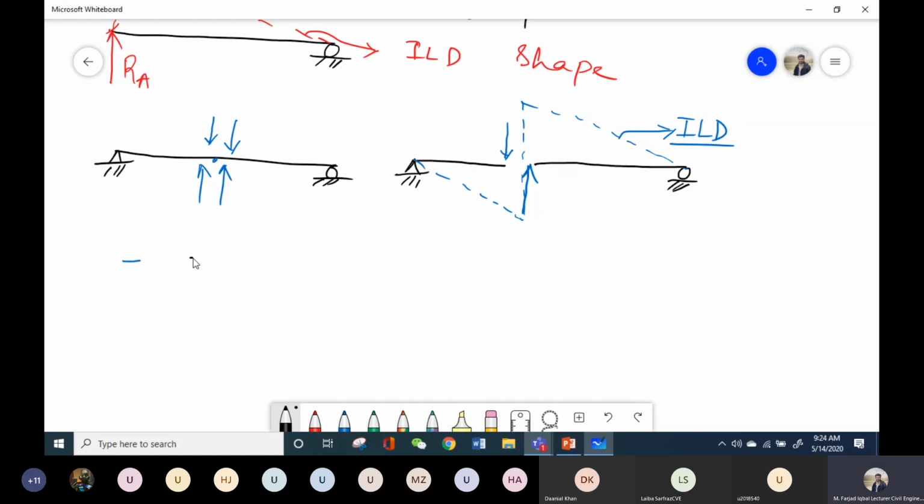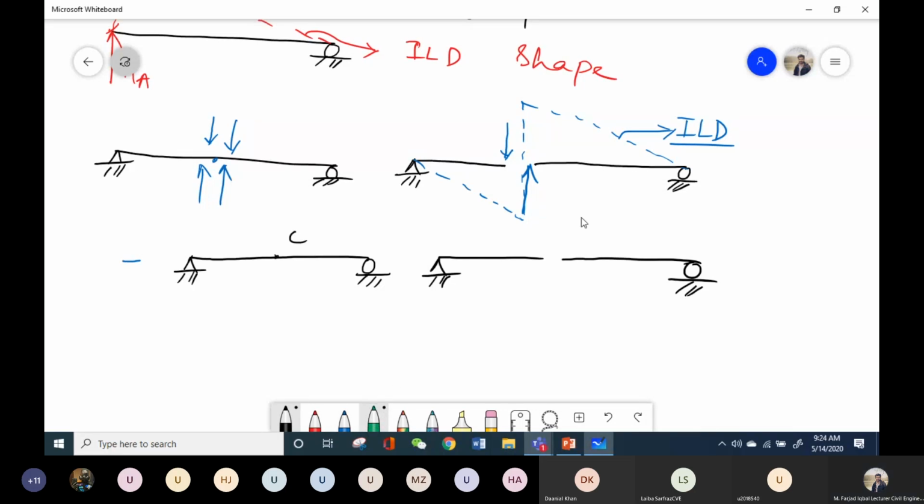And if I need to plot the ILD for bending moment at point C, again, I will divide the beam into two sections at point C. This is my point C, and I will apply, since a beam cannot resist the bending moment, two opposite bending moments at this point, and I will again check how the beam will deflect.